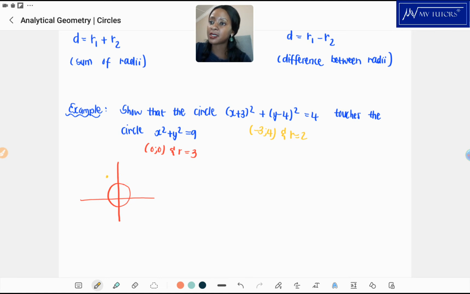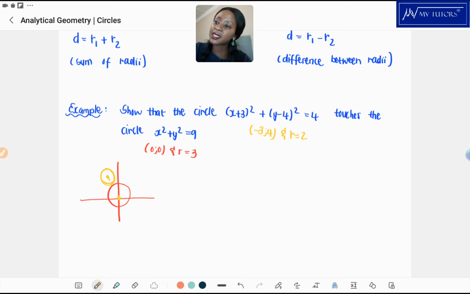The center is somewhere here, and it has a radius of 2. This is me assuming that they touch like that. So I have the center there, and I have a center here. I can see that they're touching externally, just by sketching it quickly, so I don't have to consider them touching internally.